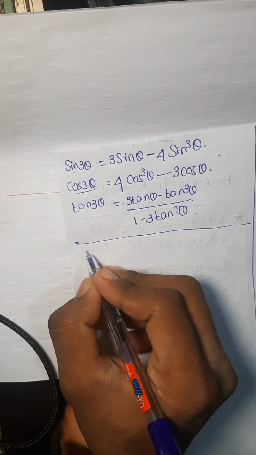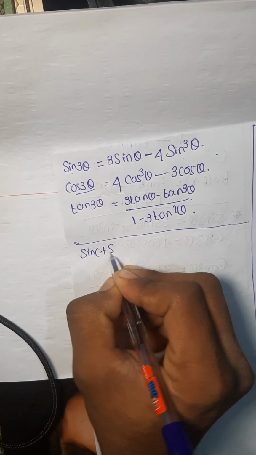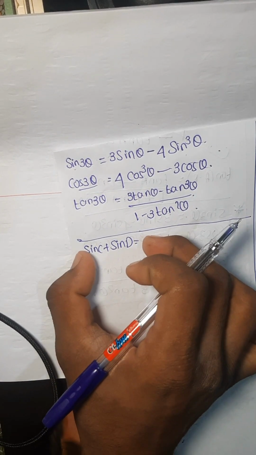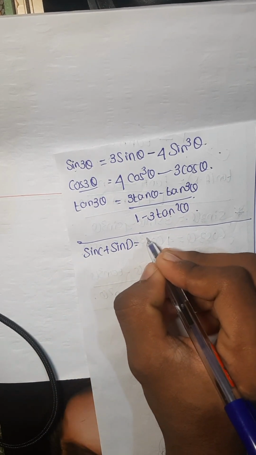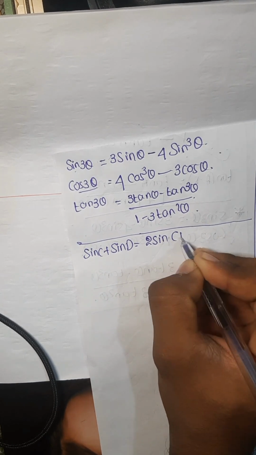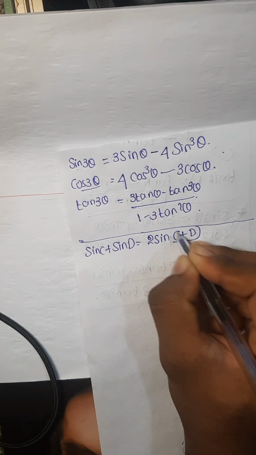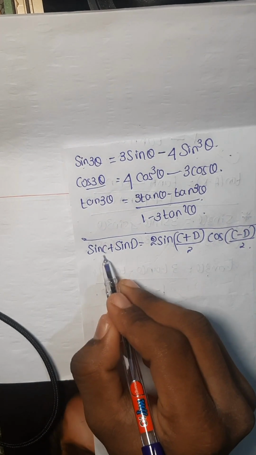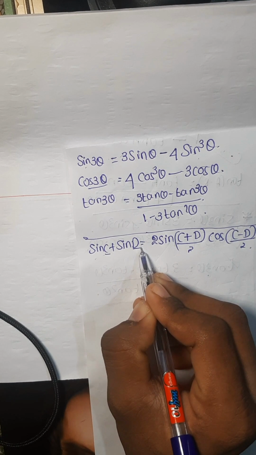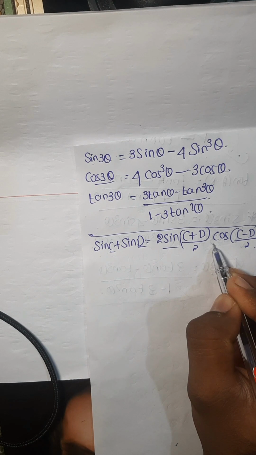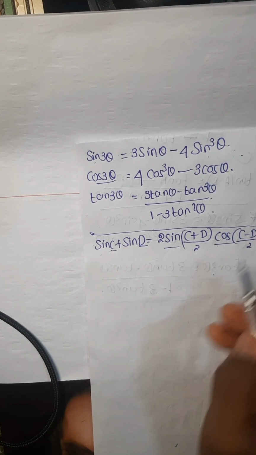Next, sin C plus sin D. Sin C plus sin D equals 2 sin((C+D)/2) into cos((C−D)/2).